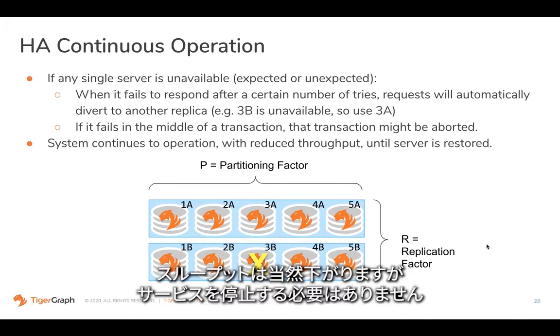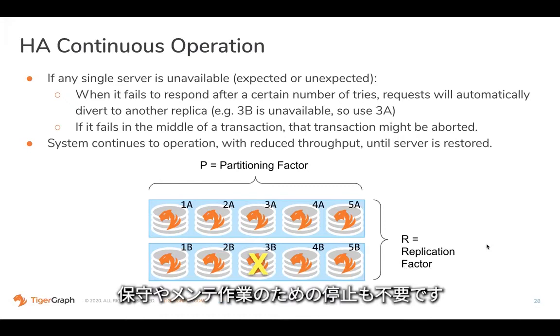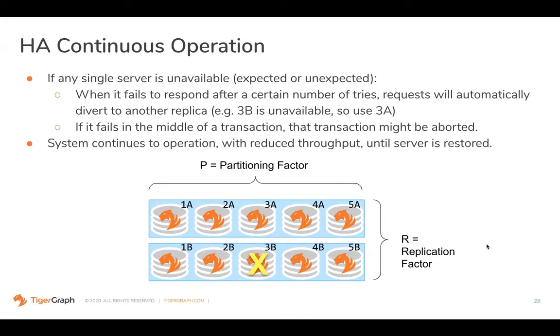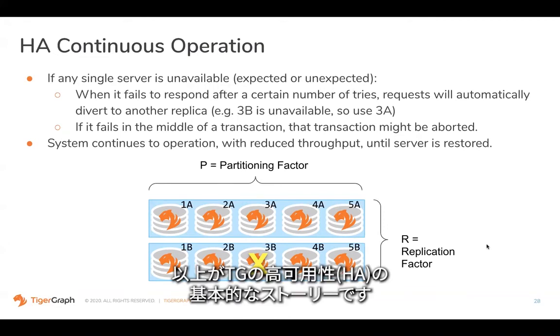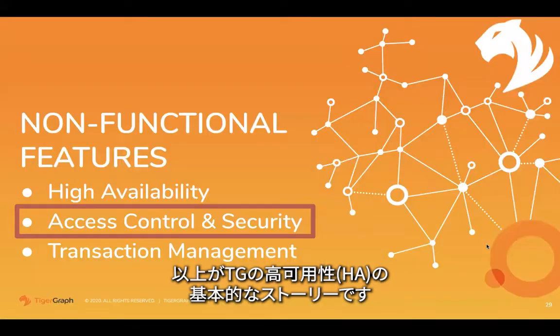There will obviously be reduced throughput, but you won't have to go down while you're trying to make repairs or do your service work. There will be a short pause while you bring it back online, and we're working to cut down even further on that time. So that is our basic story on HA.